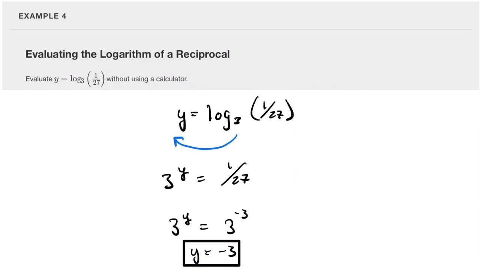Now, if you want to look it up, there's this technique called the change of base formula. In case it doesn't pop up where we talk about it, just do a quick search on change of base formula. It's really easy, but I'm trying to hold out for when it shows up in the notes.